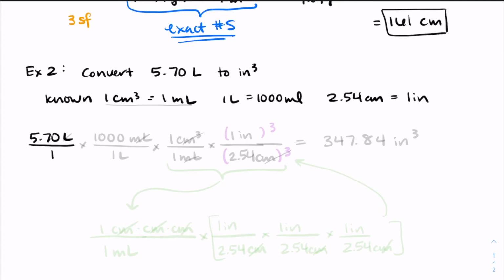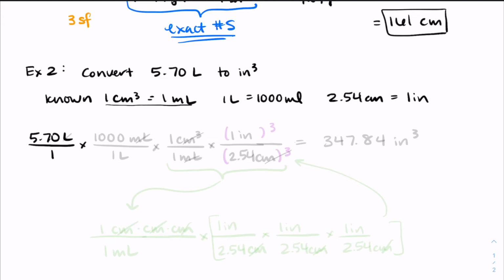And then the missing connection between all of this is knowing that 1 cubic centimeter is the same volume as 1 milliliter. This will be on the equation sheet, but this 1-to-1 conversion is extremely important, and you will use it all of the time.